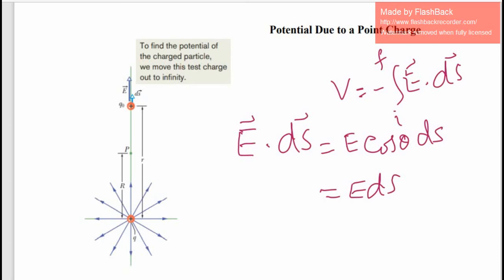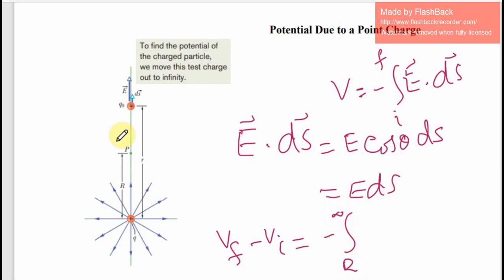By using this equation, Vf minus Vi is equal to negative the integral. Now, I will replace these limits I to F with r to infinity.